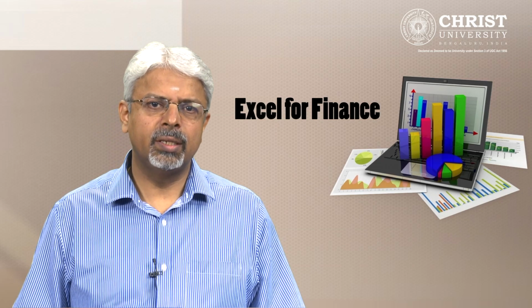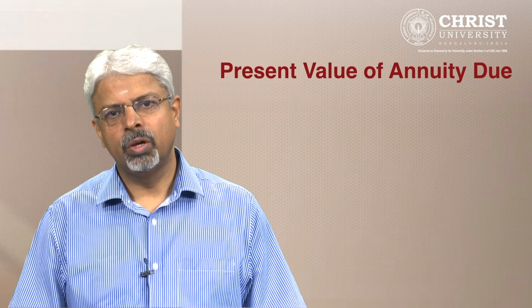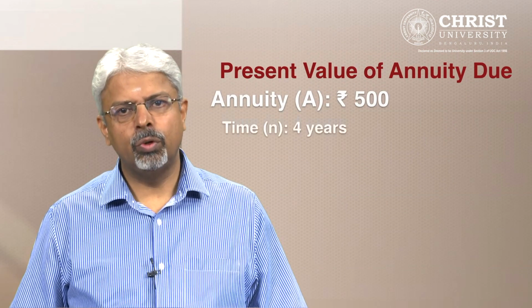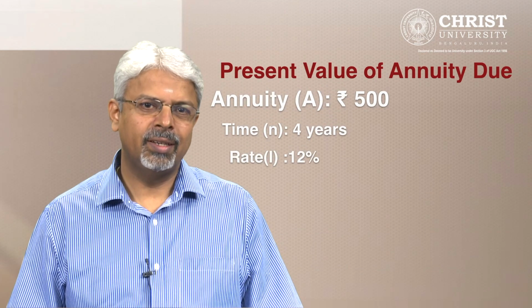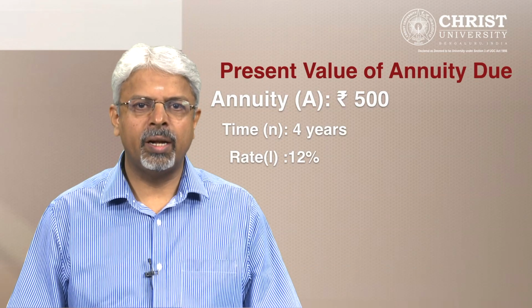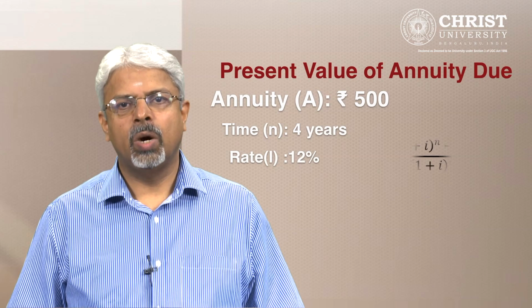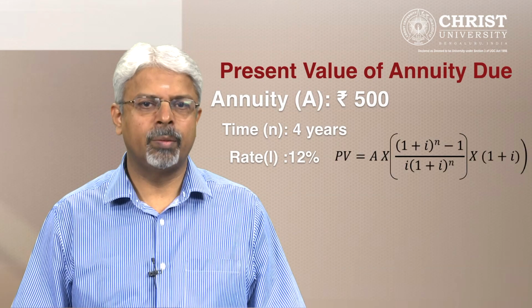Now, let us consider the same example with a small difference. We are converting the ordinary annuity into annuity due, which means the cash flow towards the annuity occurs at the beginning of the period. Here, the only difference would be that you will have to multiply the entire formula with 1 plus I, as the cash flow receives interest for 1 extra period.